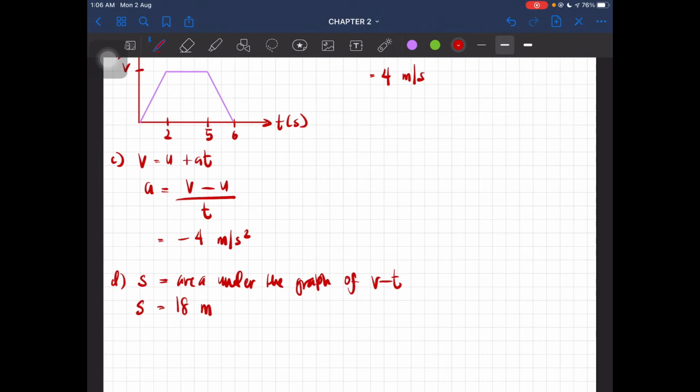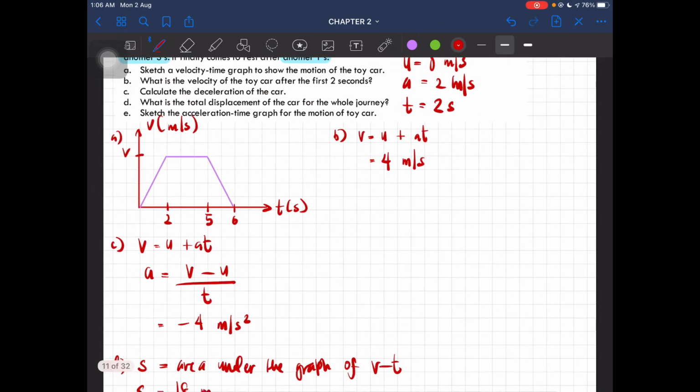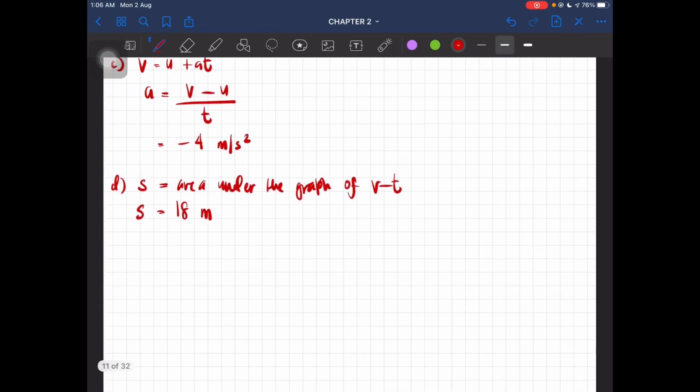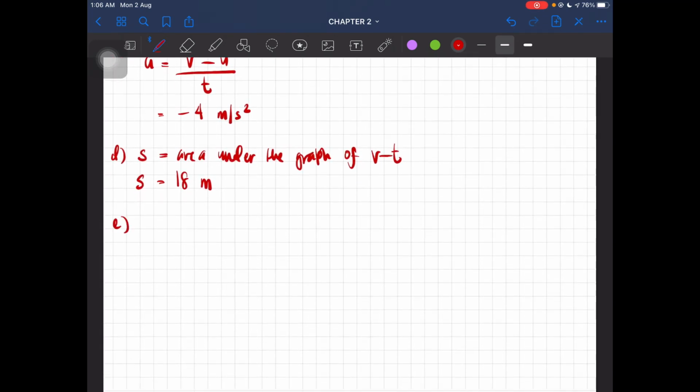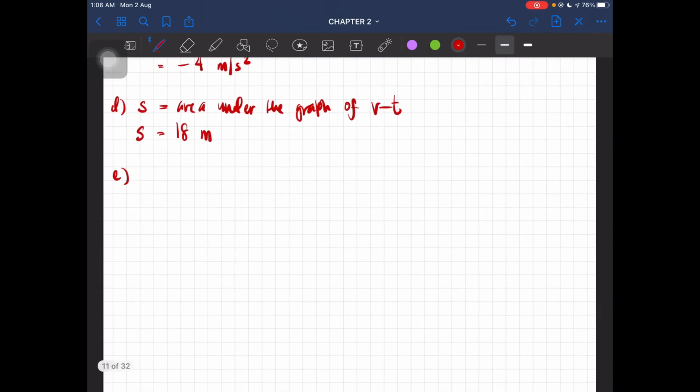Next, we are asked to sketch the acceleration time graph for the motion. Since there is a negative, we have to do something like this.